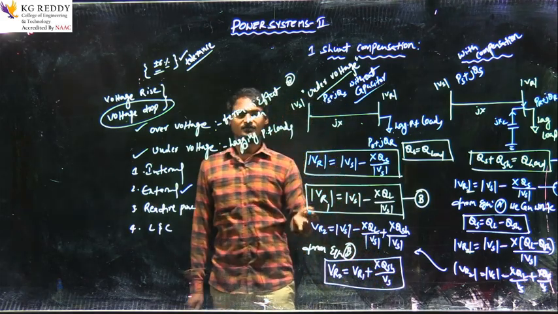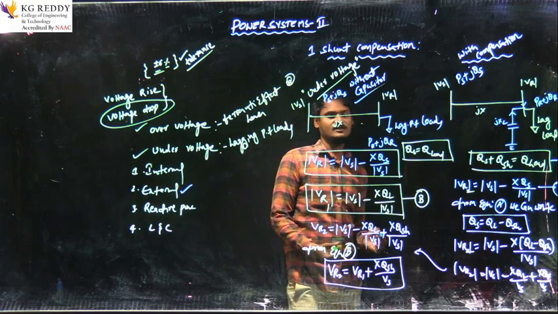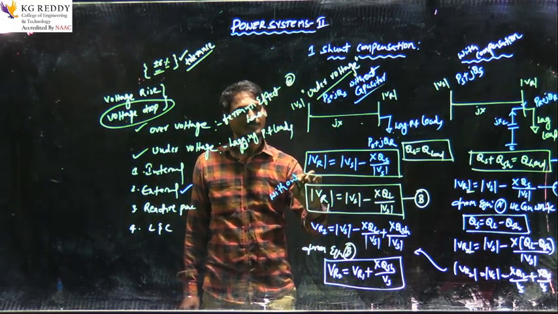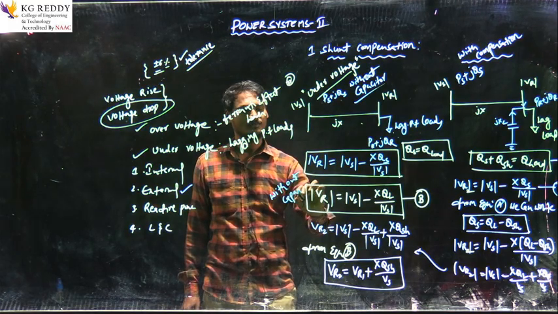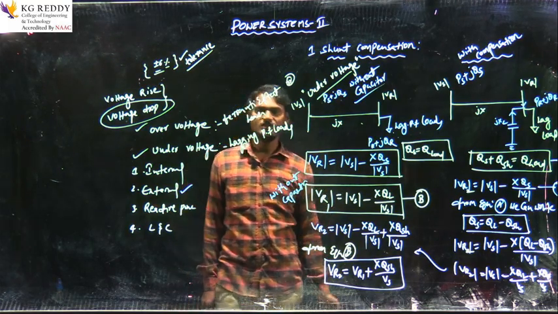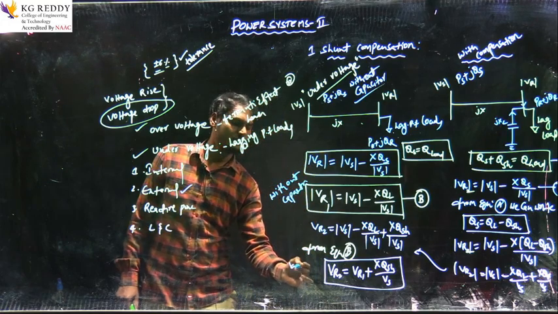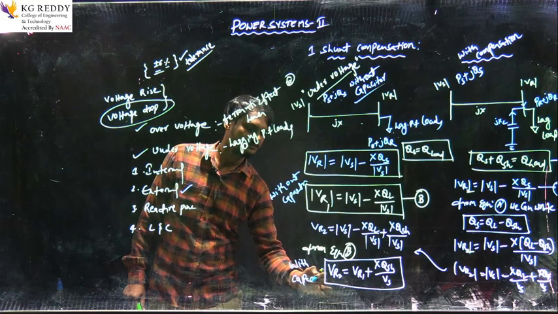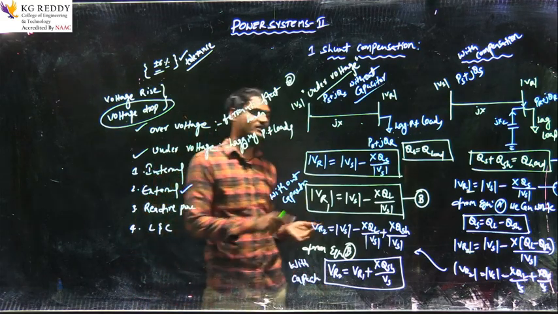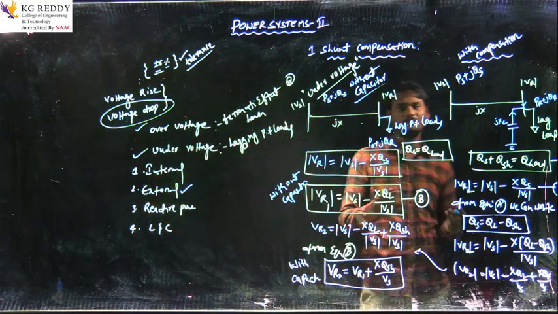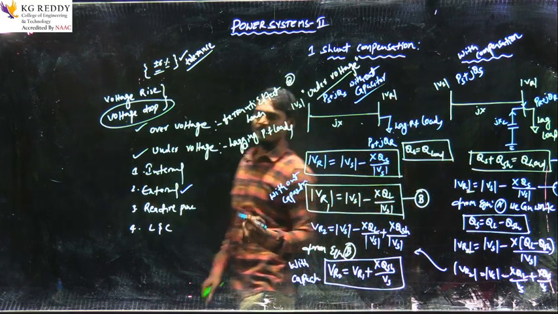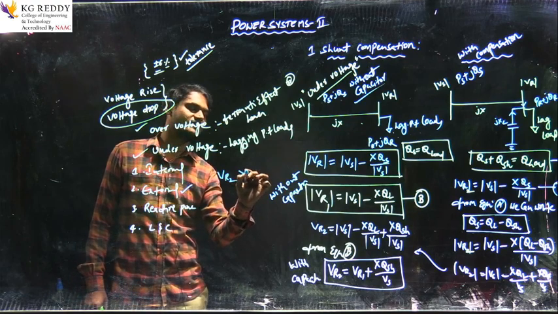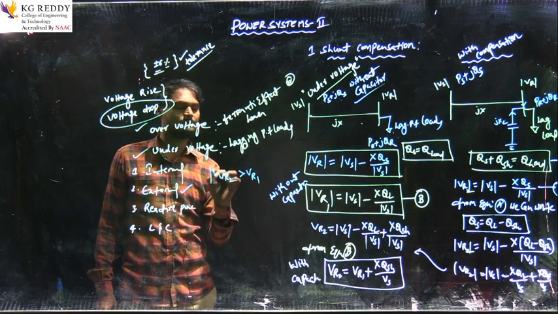Right? If you see here, this is the equation without a capacitor, and this equation represents with capacitor, that means with compensation. So what can you observe from these two equations? Simply, VR2 is greater than VR1.